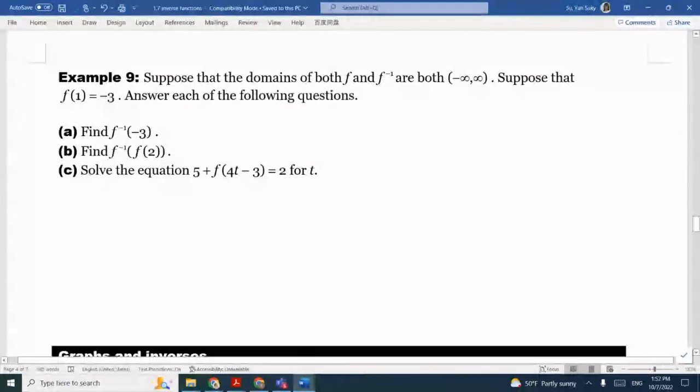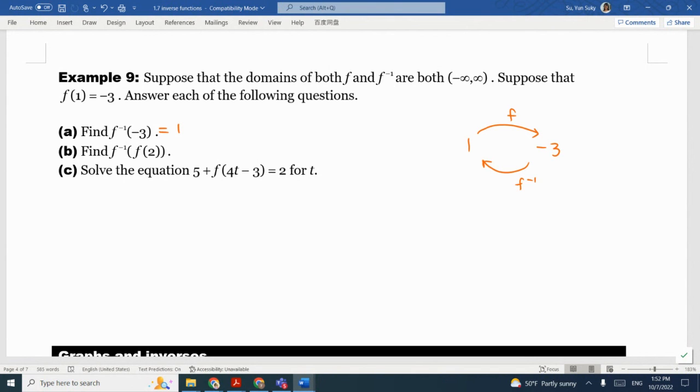Let's see this problem. Okay, so answer the following questions. We have f(1). So see, f(1), so 1, when we apply f, we get -3. Then what is f inverse of -3? 1.